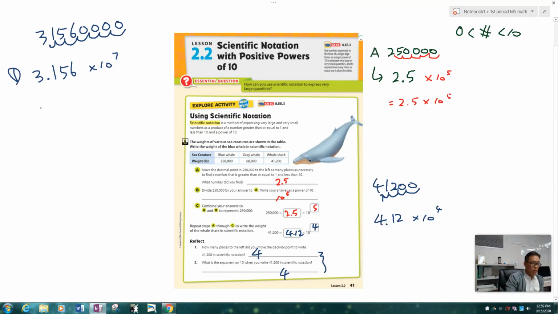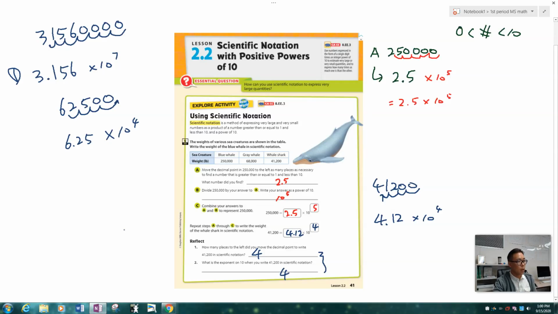So if I have another number, like 62500, first of all, I'm going to put my decimal place in between the first two numbers. So it's going to be 6.25 times, place your decimal place in between 6 and 2, and then let's go to the right. How many times? 1, 2, 3, 4 times. So I'm going to go 10 to the 4th power.